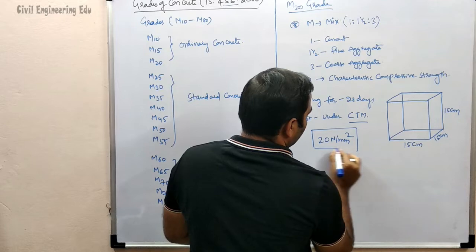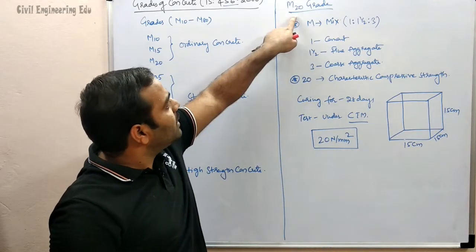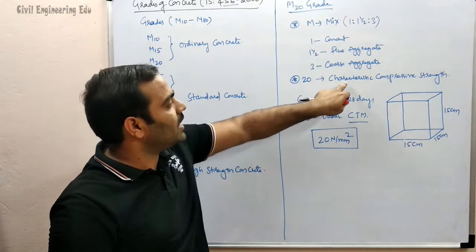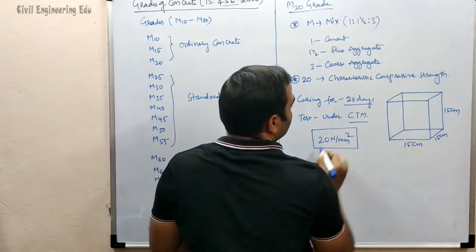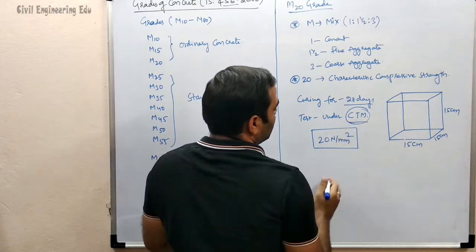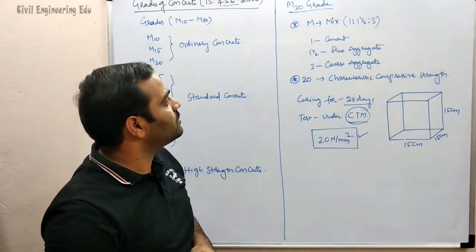So this should be our characteristic compressive strength of M20 grade of concrete. So M means mix, 20 means characteristic compressive strength of concrete. After curing for 28 days, we need to undergo test on CTM machine, compression testing machine, so that we will get this result. So 20 is characteristic compressive strength.